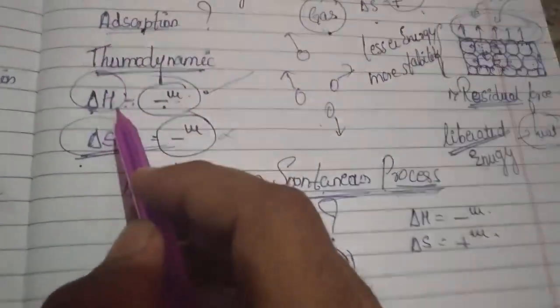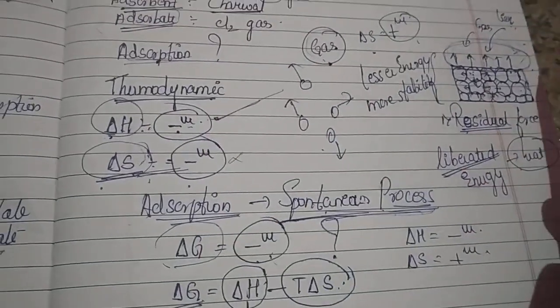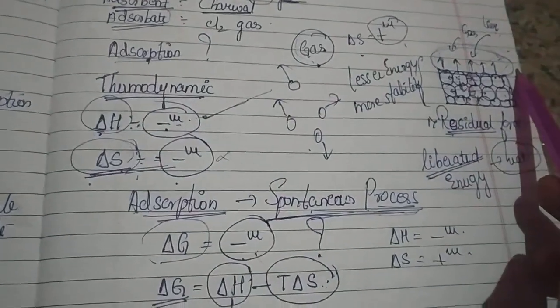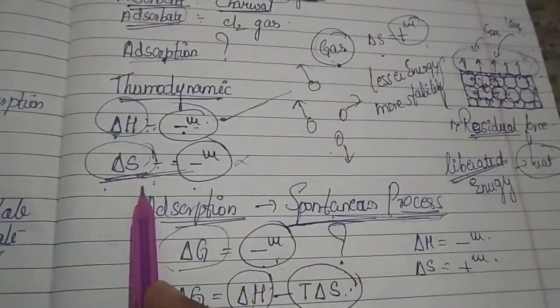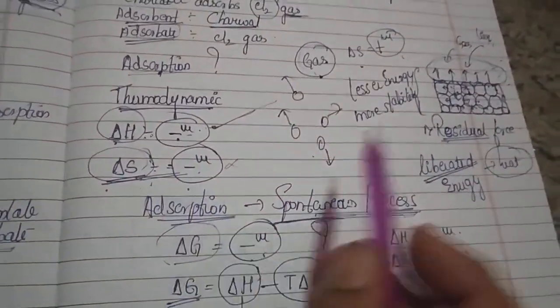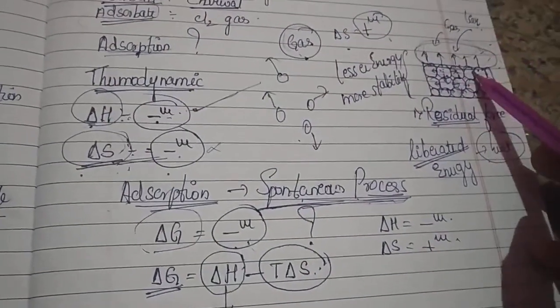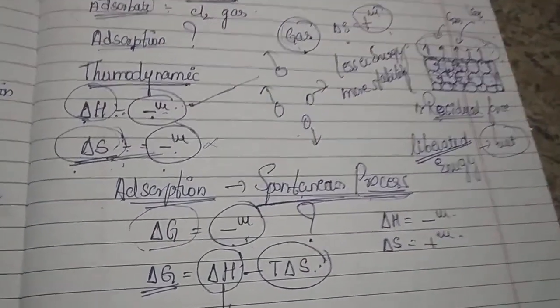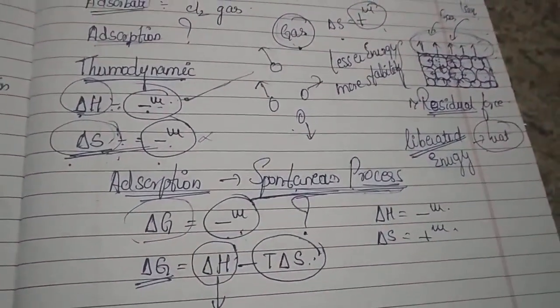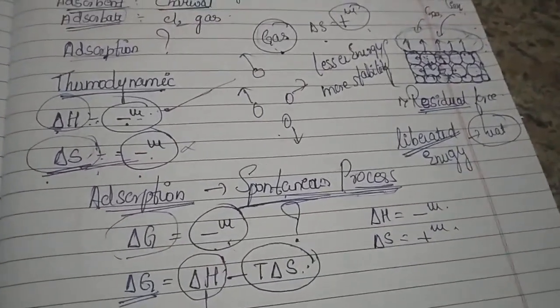But if we go individually, remember your delta H is always negative for adsorption, that is, it's an exothermic process. Whereas delta S is also negative, because the movement of the gas or liquid molecules gets restricted once they are adsorbed. Once the randomness decreases, the entropy also decreases.